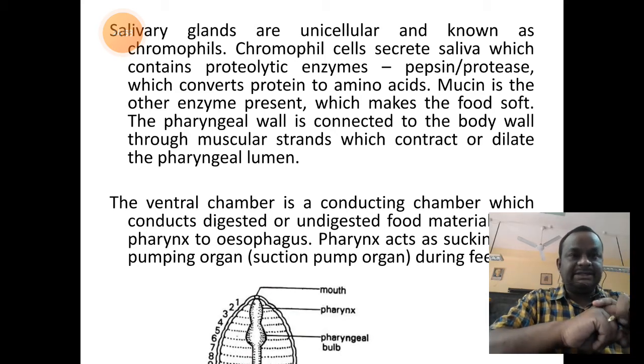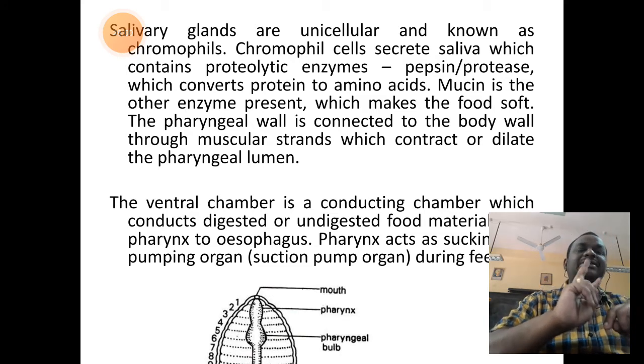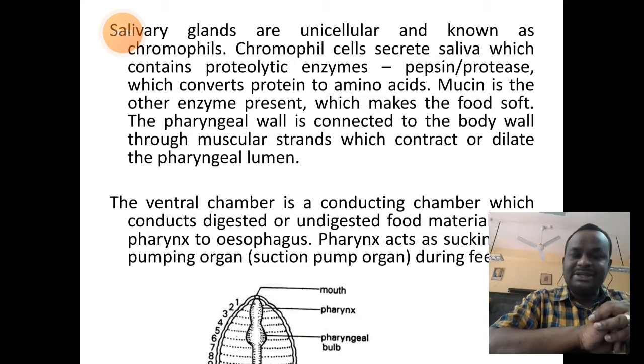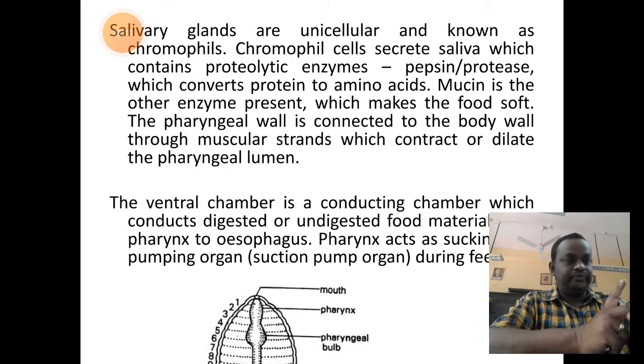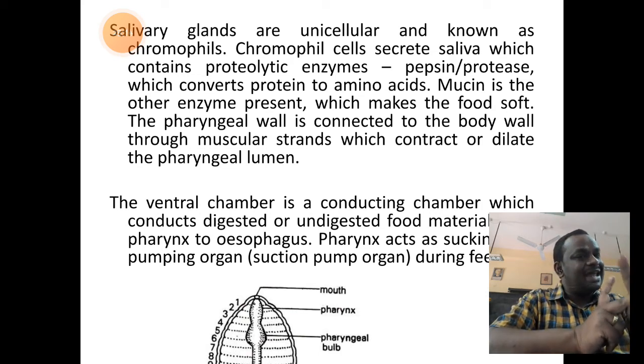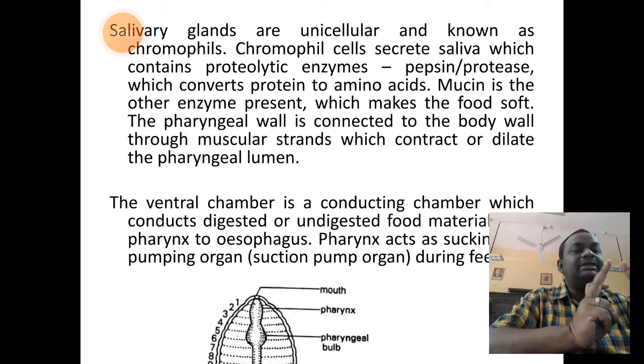Saliva contains two important enzymatic compounds. Students, I will go a little slowly, try to understand them. Saliva of the earthworm is produced at the pharynx region by salivary glands or pharyngeal bulbs. It forms the upper or dorsal chamber of the pharynx. The organism now starts producing saliva.